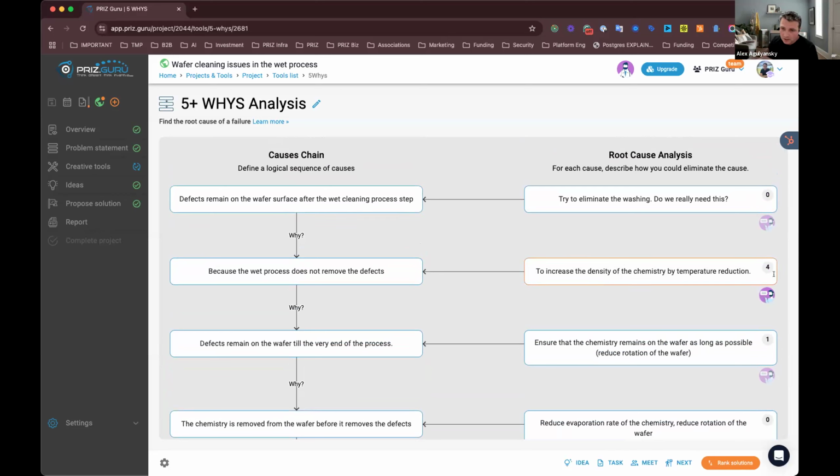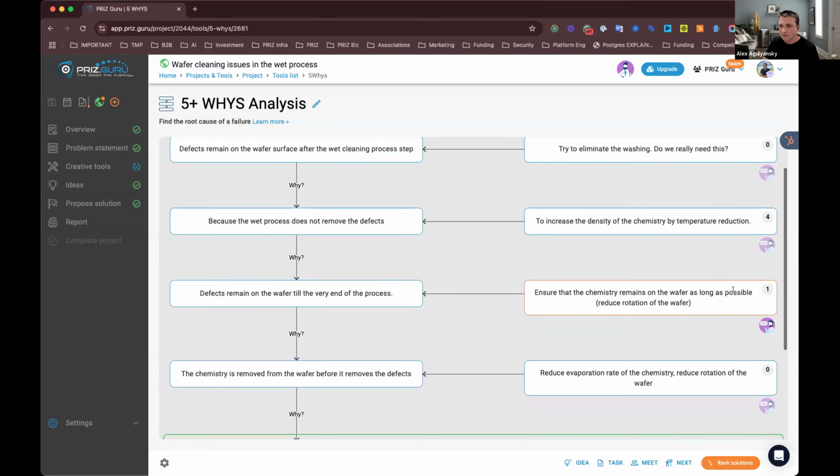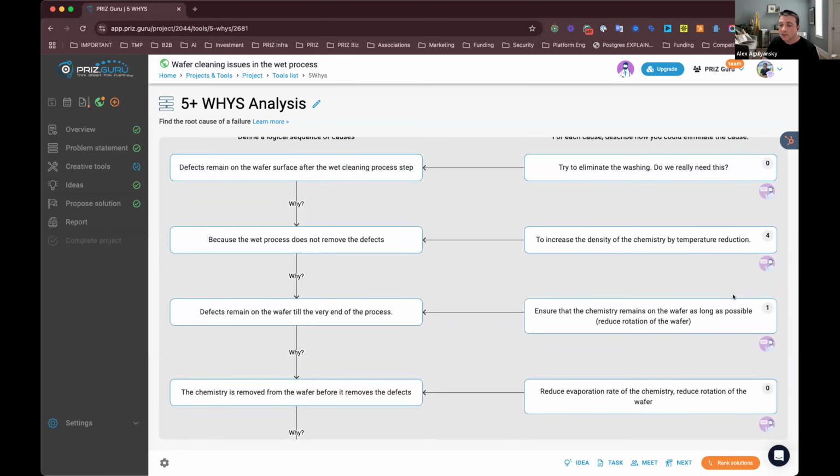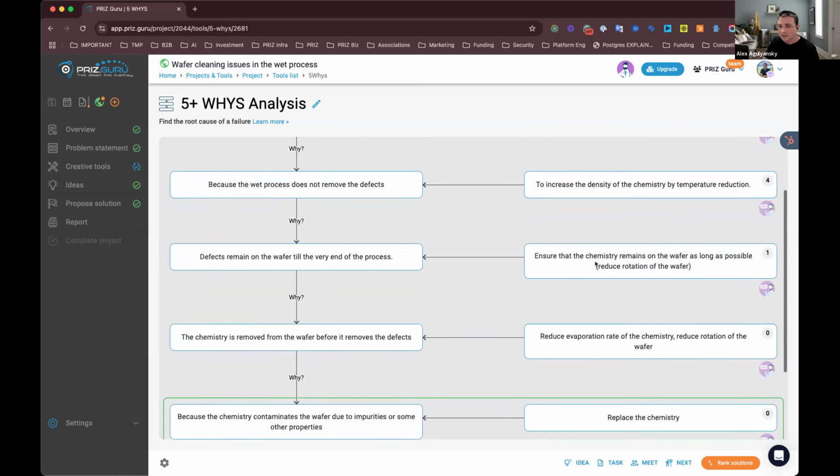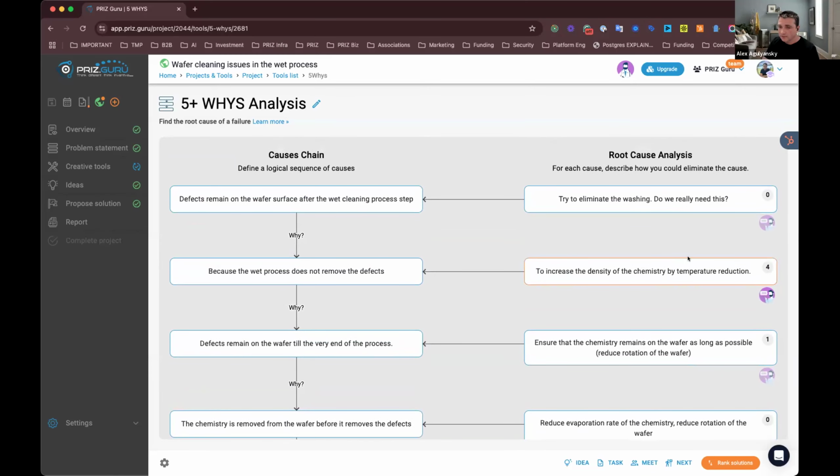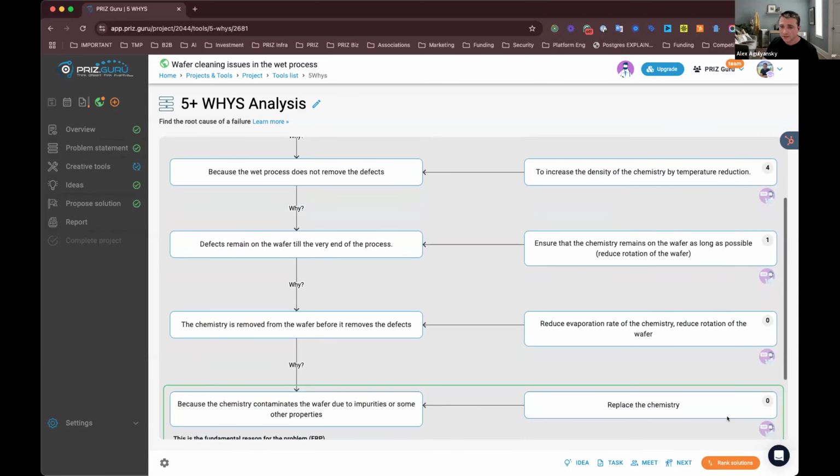Why was it part of that decision? Also, this tool provides the ability to rank different possible solutions, using another tool called round-robin ranking or pairwise comparison. It has that name as well.